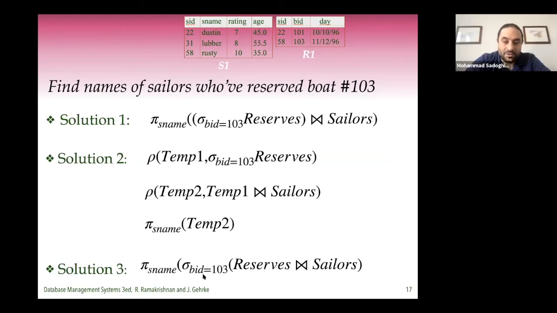This is called push down predicate. The predicate is essentially a condition, and you push it down as much as you can. The more you push down predicates, the smaller the input to the join, because the join is essentially the most expensive operation. To reduce its cost, one way is to reduce the input size.